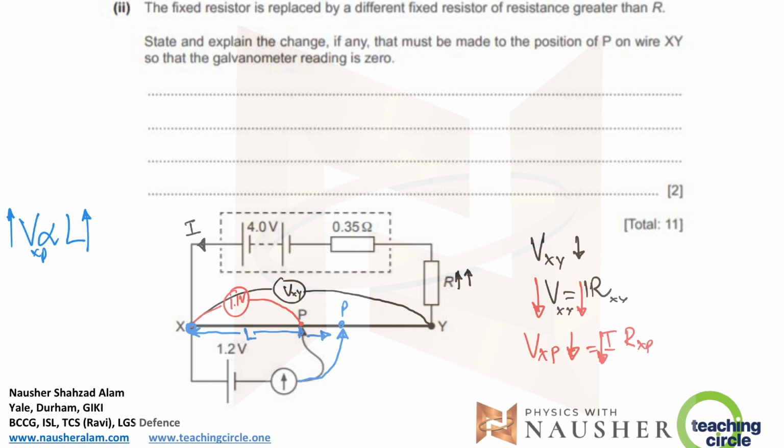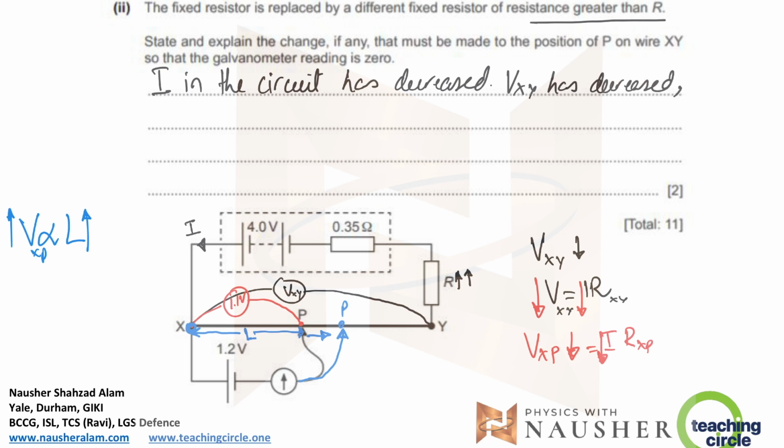So first thing is you need to underline that the resistance R has increased, hence the current in the circuit has decreased. That's the first step. The second step is you need to mention that the voltage XY has decreased and voltage XP has decreased.